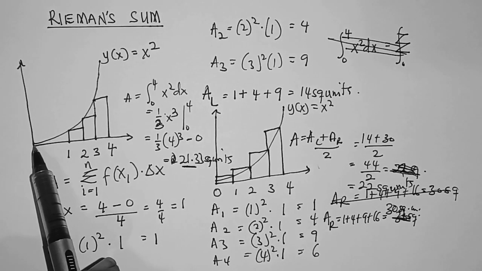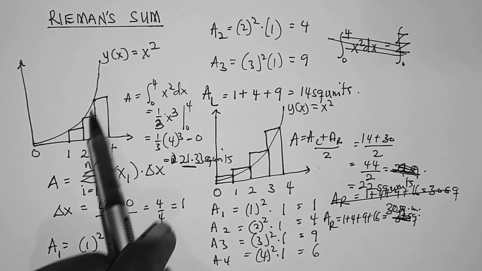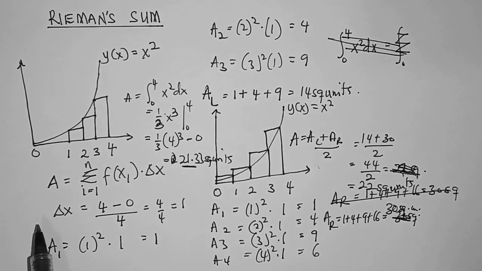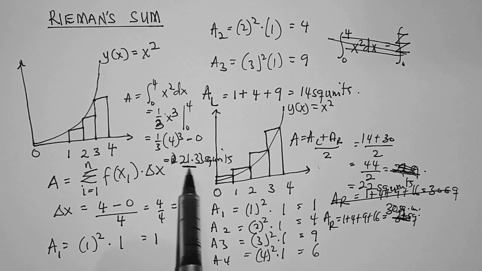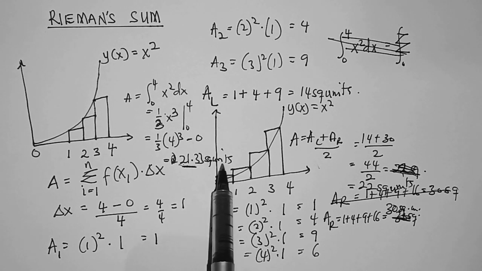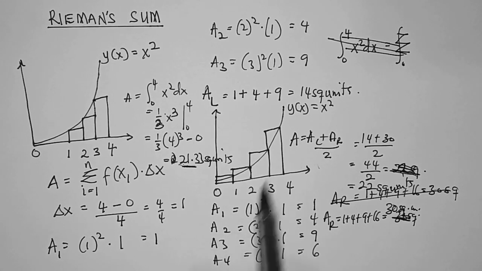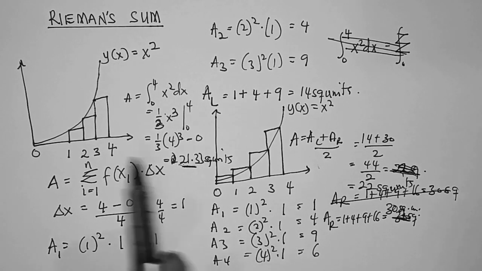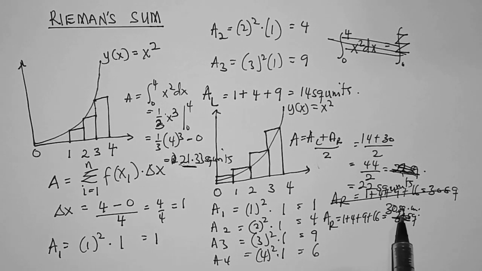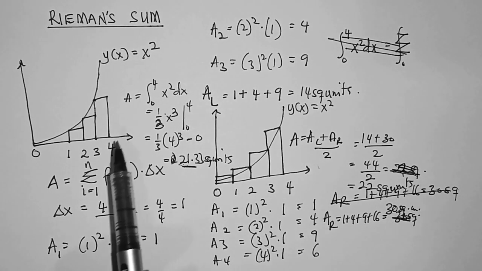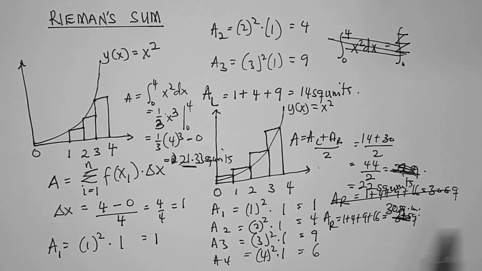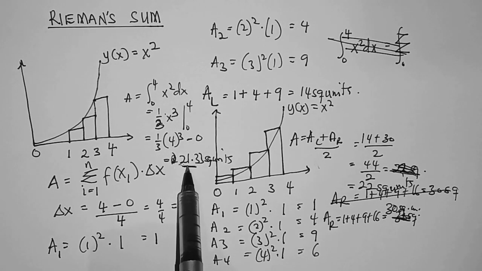So you see that doing the Riemann sum using the left endpoint gives you an area which is less than the expected area of 21.33. Using the right endpoint, you get an area which is above the expected area; in this case, it was 30 square units. But the average that we found was 22 square units, and 22 square units is close to 21.33 square units.